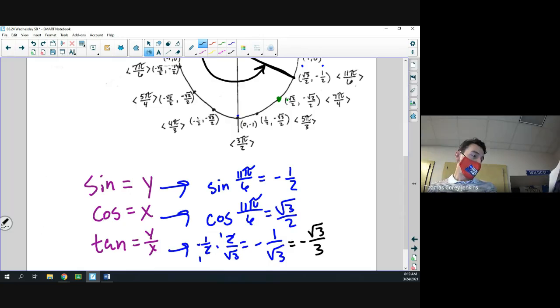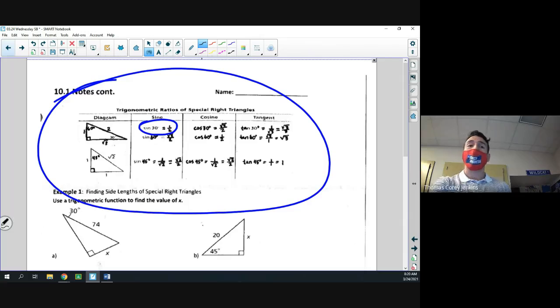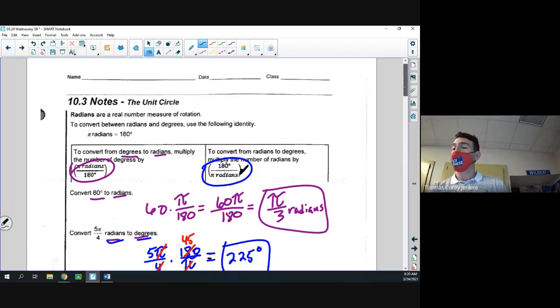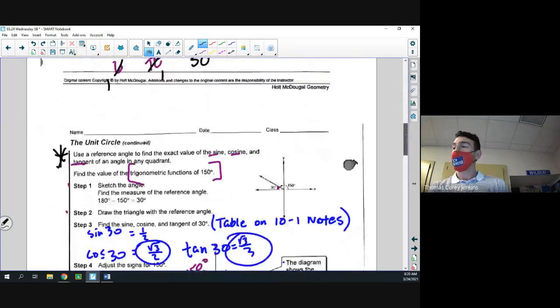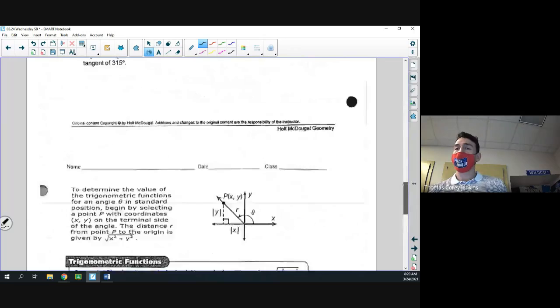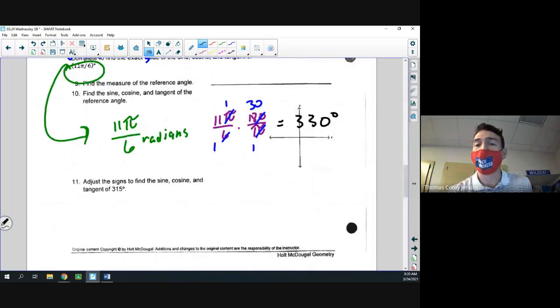Let's see. Is there one more? All right. So I'm going to have you guys try to partner up with somebody or work on your own if you want, and try to do that last one. Just try to find sine, cosine, tangent of 315.